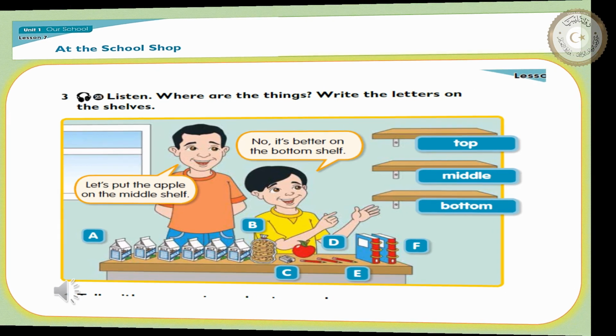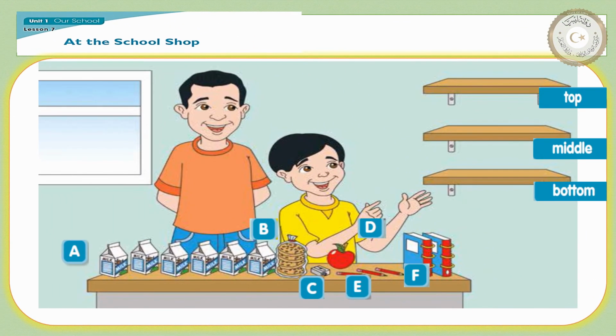Okay, let's start. After we have listened to the conversation between Yusuf and Tara, we are going to help them arrange the school shop. So now we are going to put the letters on the shelves. Can we start with milk?